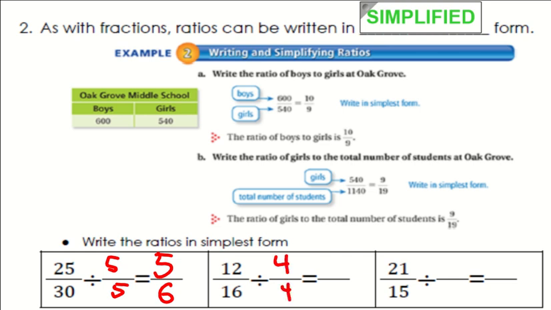So we divide each numerator and denominator by 4. We get 3/4. What about 21 and 15? 3 goes in each of those. So numerator, denominator get divided by 3. That gives us 7/5. Okay?